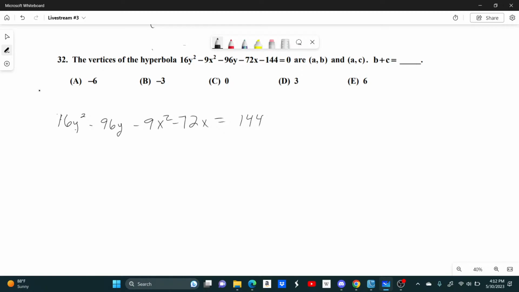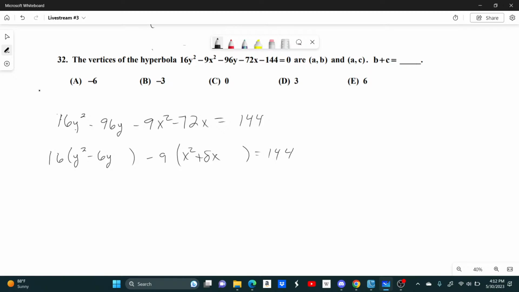Okay, here we go. Then I factor out the 16 from here, and factor out the negative 9 from here. Now what I can do is complete the square on the inside.